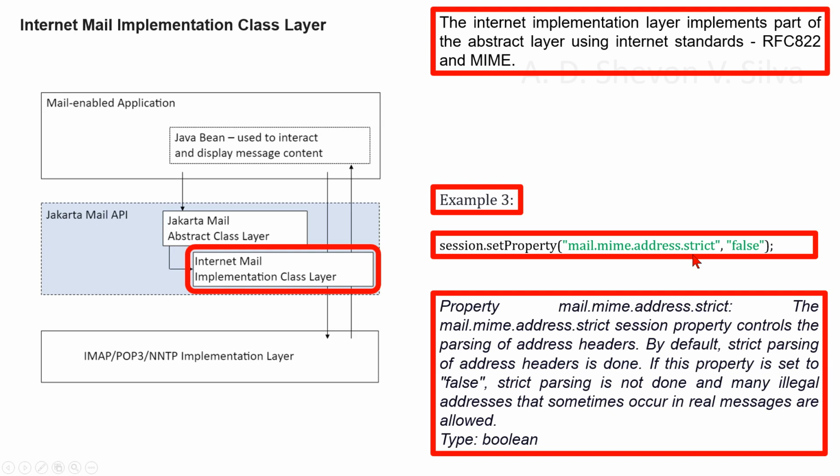By default, strict parsing of address headers is done. If the property is set to false, strict parsing is not done, and many illegal addresses that sometimes occur in real messages are allowed. The type of the property is Boolean.